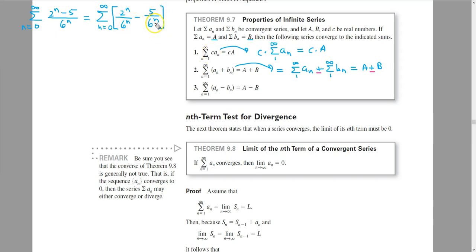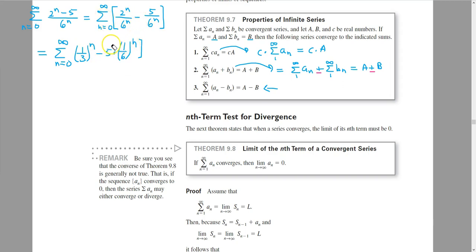Let's write it as, we're going to break this fraction apart and write it as, now we have two separate terms here, so we're going to invoke part 3 of Theorem 9.7, and we're going to distribute the sum and write this as, now notice that 2 to the n over 6 to the n, we can write that as 1/3 to the n, and this 5 over 6 to the n we can write as... Oh, and I forgot to distribute my summation.